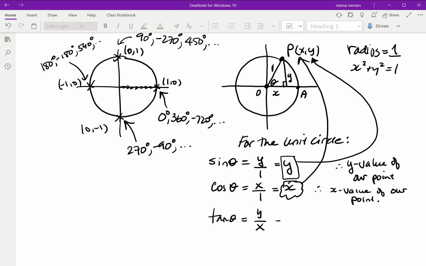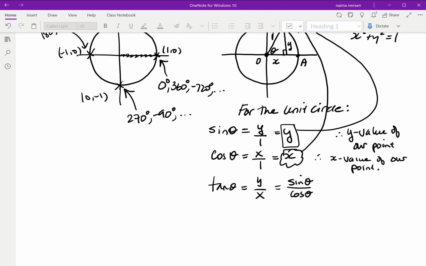Notice also that it is your sine value divided by your cosine value because this is y and this is x. If you are going to then go for cosecant, cosecant is the reciprocal of sine, so instead of y over 1, it would be 1 over the y coordinate. Secant theta is the reciprocal of cosine, so instead of x over 1, it would be 1 over the x coordinate.